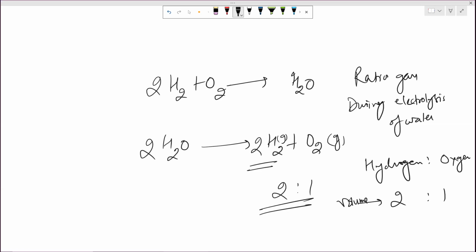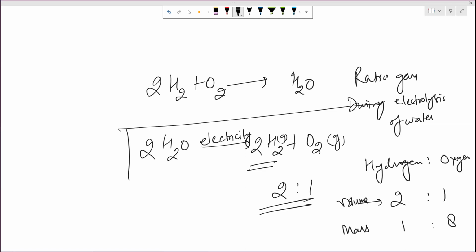And if I ask you the ratio of mass, the ratio of mass is 1 is to 8. Note it down. And since this reaction occurs in the presence of electricity, it is known as electrical decomposition reaction.